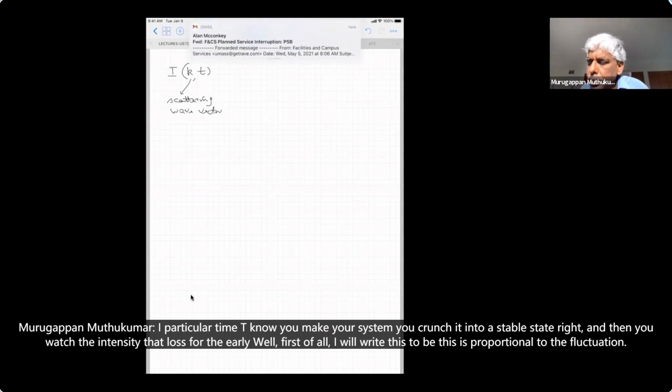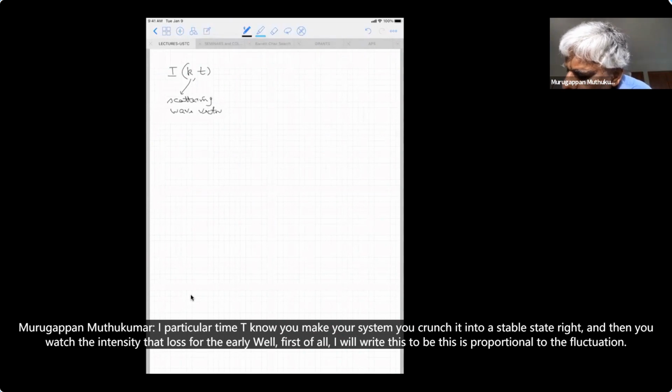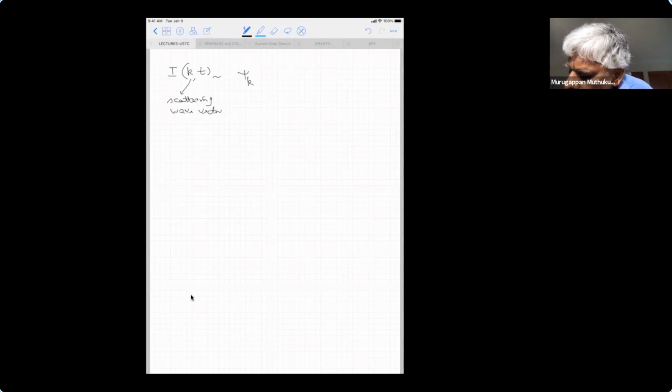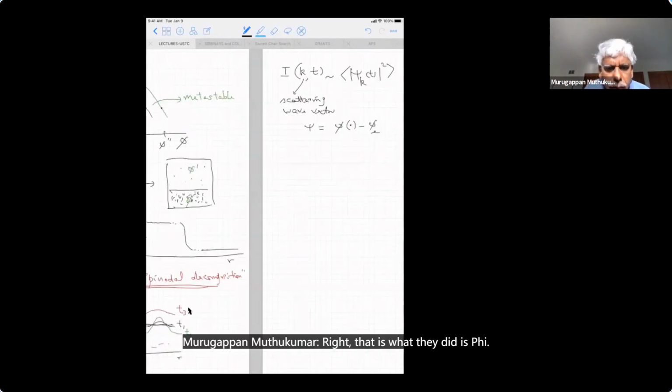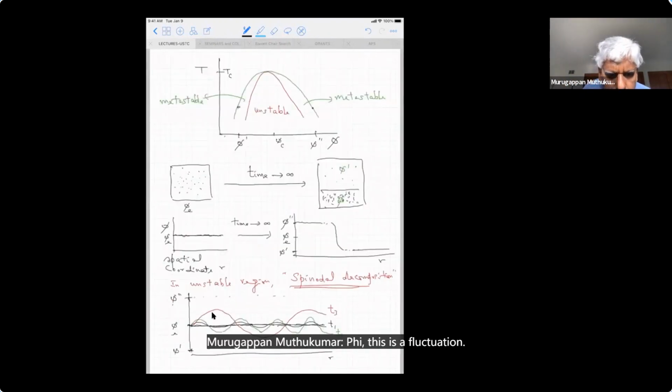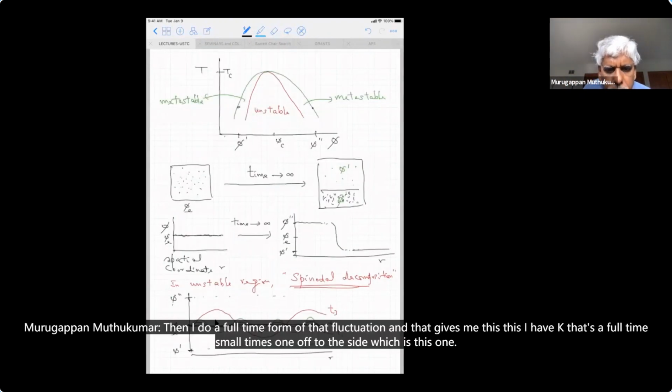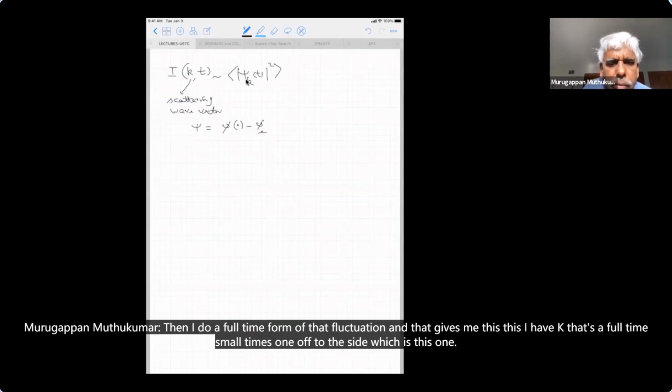And then you watch the intensity. First of all, I will write this as proportional to the fluctuation at time T squared, where psi is equal to phi at R minus phi E, right? That is, this is a fluctuation. Then I do a Fourier transform of that fluctuation, and that gives me this psi of K. That's the Fourier transform of this psi, which is this one, right?